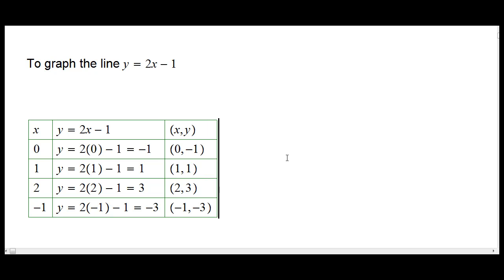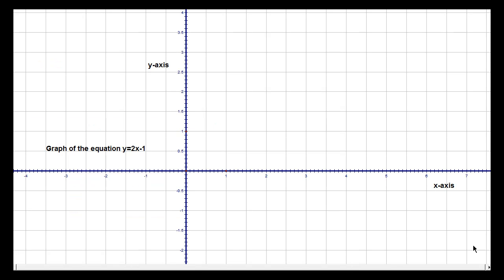Now we will take these points to the coordinate axes and see what the graph looks like, and what the key features of this equation are.